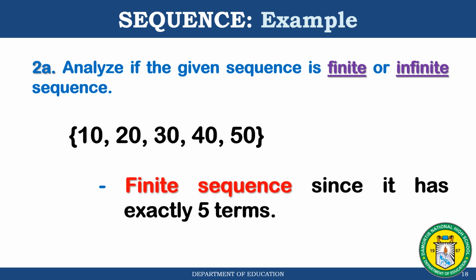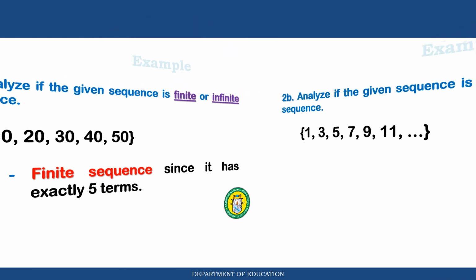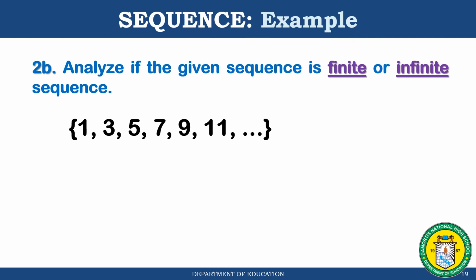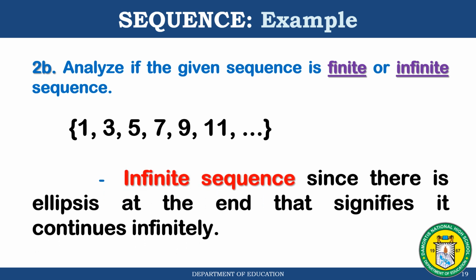It is a finite sequence since it has exactly 5 terms. How about letter B? Very good. The answer is infinite sequence since there is an ellipsis at the end that signifies it continues infinitely.